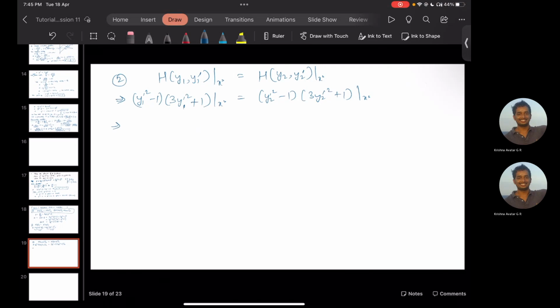let's expand the terms on both the sides to get y1 prime squared minus 1 into 3y1 prime squared plus y1 prime squared minus 1, likewise y2 prime squared minus 1 into 3y2 prime squared plus y2 prime squared minus 1. Minus 1 cancels on both sides. And what we can do here is let's also expand this term. So here 3y1 prime to the power 4 minus 3y1 prime squared plus y1 prime squared, right?